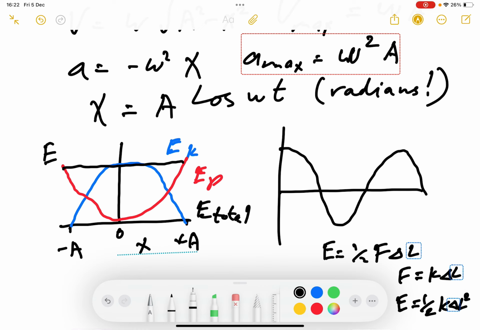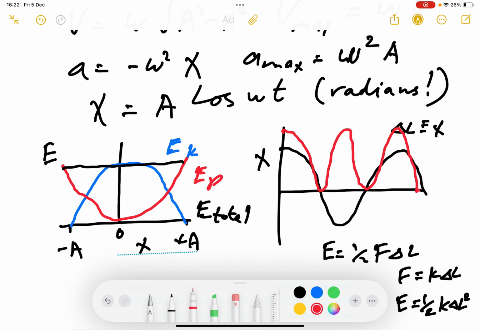Well, delta L is just the same as x. So in other words, you just square that graph to get the potential energy graph. So we get a kind of trig function squared graph like that. And then the kinetic energy graph is just the opposite, and those two will add up always to the same amount.